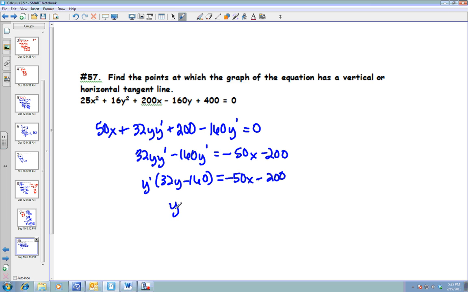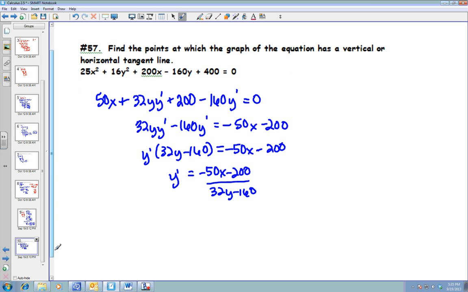And now I'm going to divide by that. So here's what I have. All right, so there's my slope. So let's find the vertical tangent first. I know vertical tangents are where the slope is undefined.